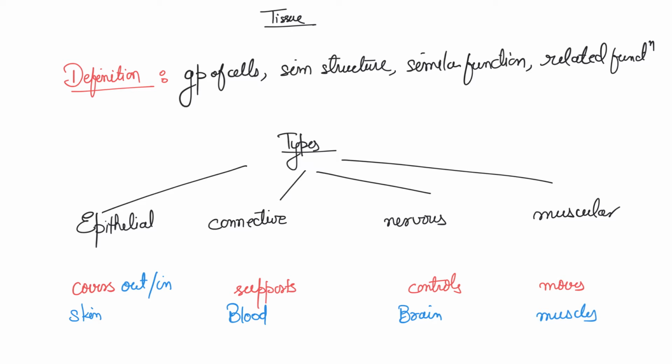Now we are going to start with the epithelial tissue, and we'll try to cover it in as much depth as possible. As you already understood, the large function of the epithelial tissue is that it is going to cover the body on the outside, and it will also line the internal body cavities. Very important.